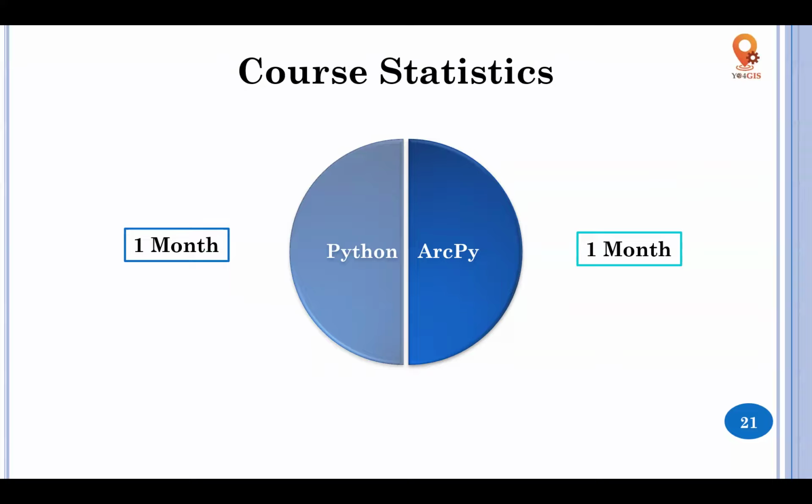It will take at least 2 more weeks, because here at U4GIS Solutions, as I told you, our target is not just to finish the course. If our target were just to finish the course, we could complete it in 2 months. Here our target is that whatever we explain, you practice it, and if you have any problem, we can discuss it in the session. So sometimes it will take 1 week, 2 weeks, 3 weeks extra. It's not a problem, but ideally it is going to take 2 months.